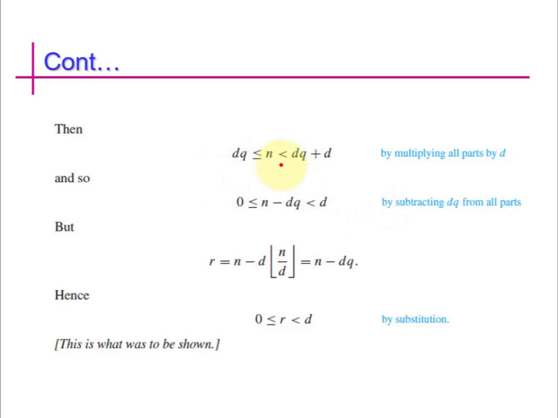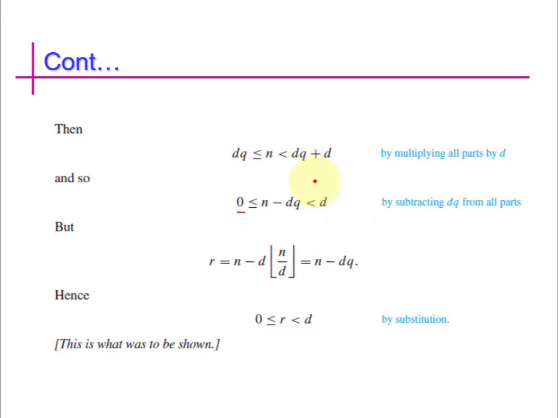Solving this inequality again by subtracting dq from each entry, we see that dq minus dq is giving us 0, and then n minus dq is less than d.